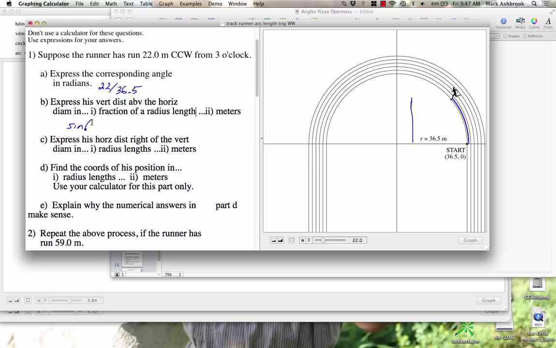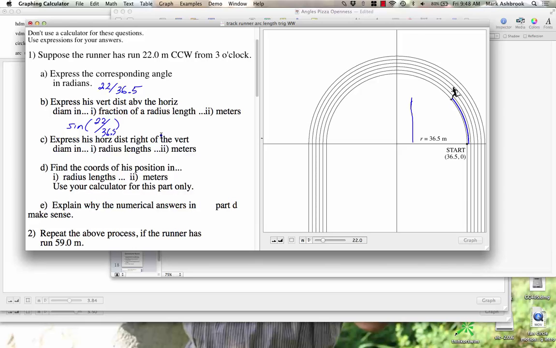Sine of what? What's the input into sine? The angle measure swept counterclockwise, which we found in part A. It's going to be the sine of that angle measured in radians, 22 over 36.5.